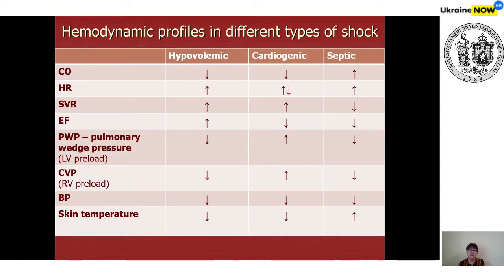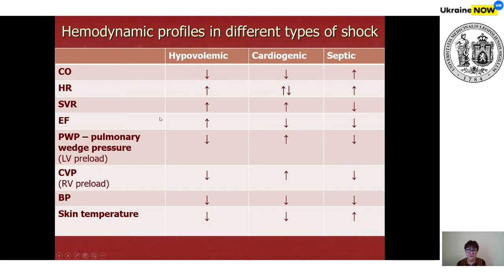Here you can see the hemodynamic profiles in different types of shock: hypovolemic, cardiogenic, and septic. Cardiac output is decreased in hypovolemic and cardiogenic shock, but at the beginning of septic shock it's increased. Heart rate is increased, but in cardiogenic shock due to bradyarrhythmia, atrioventricular blockage, it can be decreased.